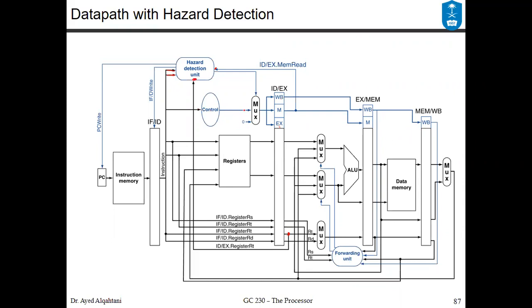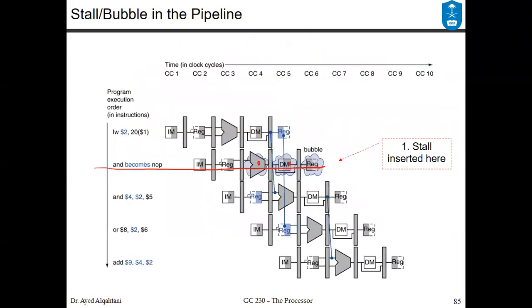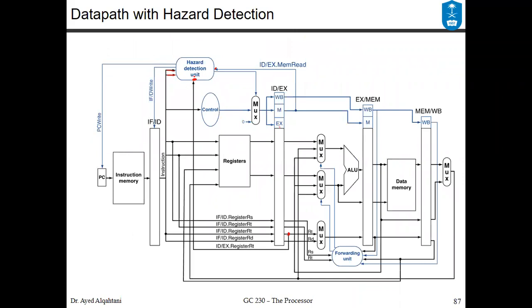So notice the control either passes normally, or now we are adding a multiplexer, and it has an output from the hazard detection if the load happens, which means, let me go back, that the memory read is active and the RS is equal to RT, or the RT is equal to the RT. So if this happens, this is the job of the hazard detection unit. If it knows that, then it will make this mux selection to be 0. So it will zero out all the controls on all of these. This way we inserted the bubble.